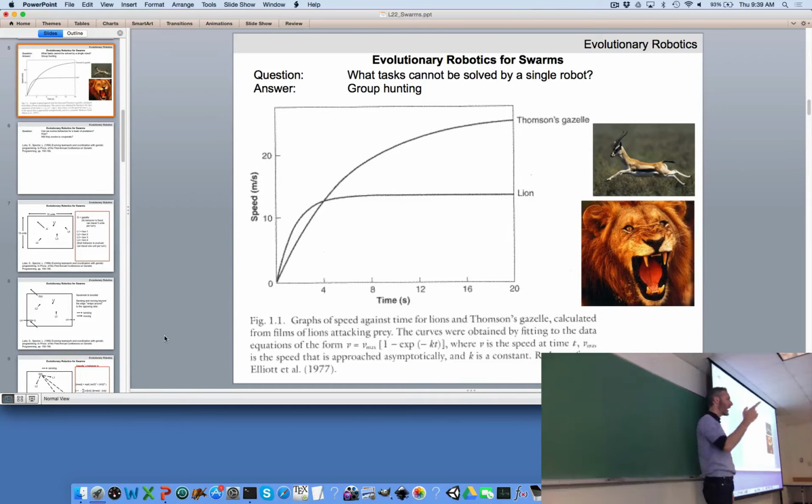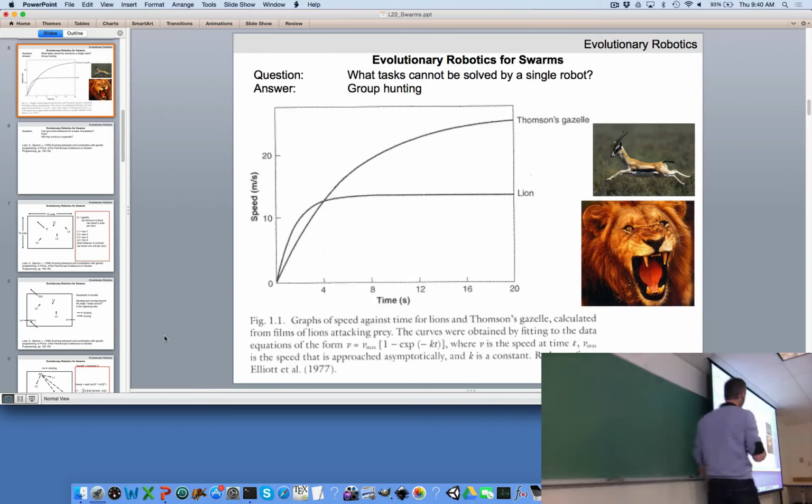If you have cats at home, there's a reason why they lay low and move very, very slowly and only then accelerate. If you are a cat, big or small, best thing you can do is get as close as you can to your prey and then accelerate as quickly as you can. And if you haven't caught your prey in 2 seconds, don't bother, right? Or 4 seconds, don't bother.